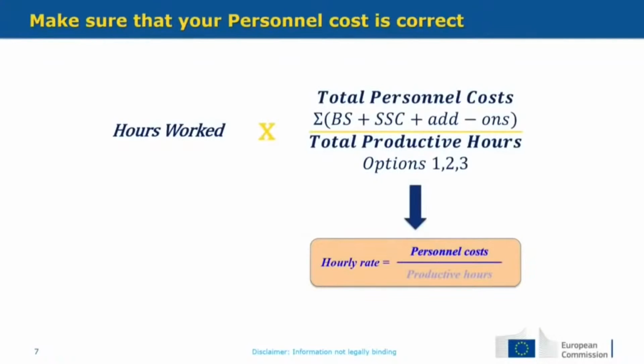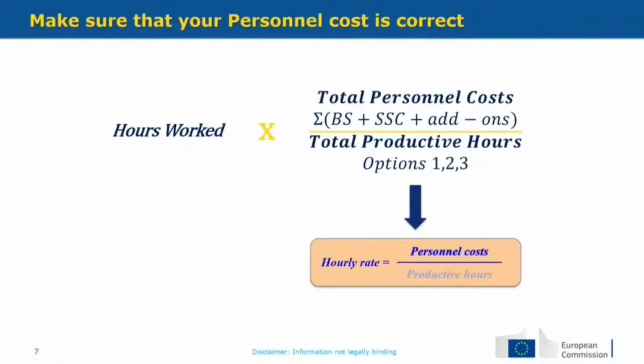Just to make sure that the personnel cost is correct, how to tackle these errors? The method to calculate personnel cost is to multiply the hours worked coming from the timesheets with the total personnel cost, basically basic salary, social security contributions, and add-ons, divided by the total productive hours obtained by using the options explained earlier, 1, 2, and 3: fixed number of hours, individual productive hours, or standard productive hours.